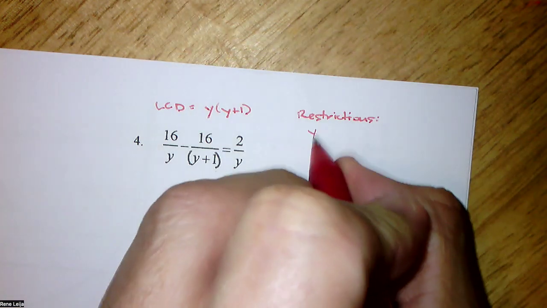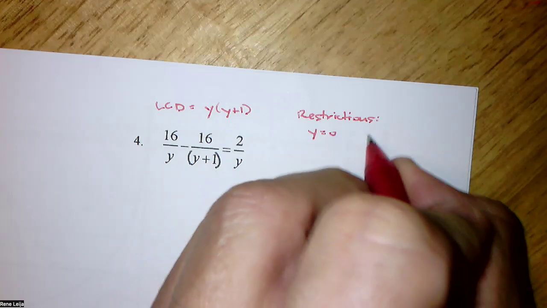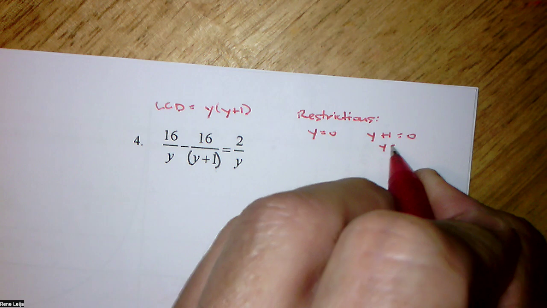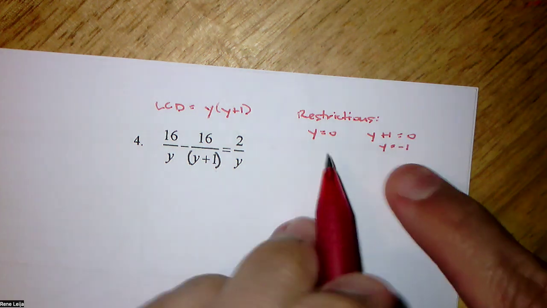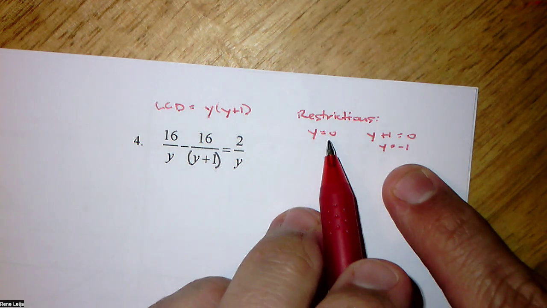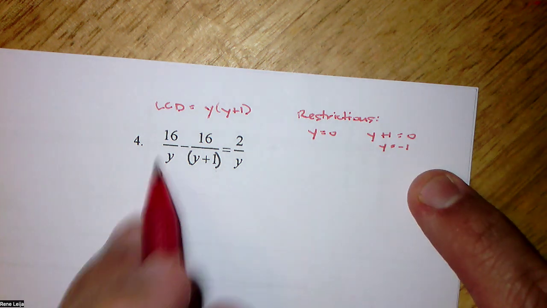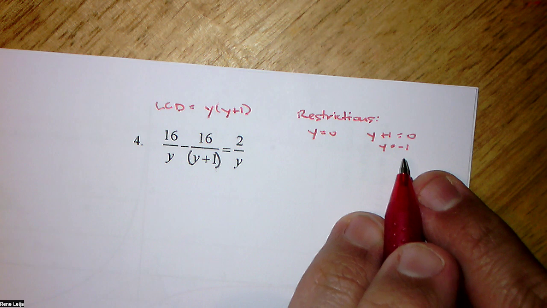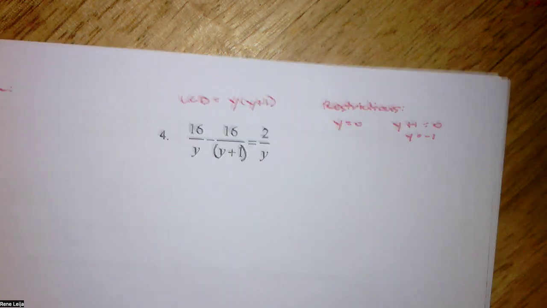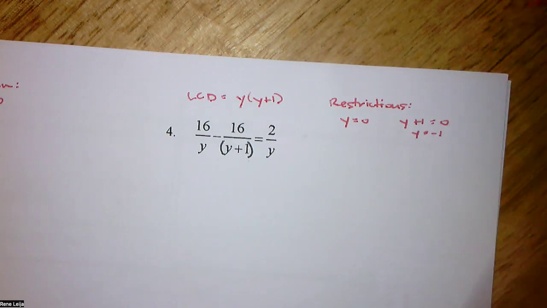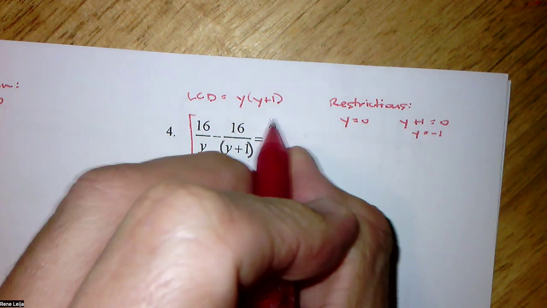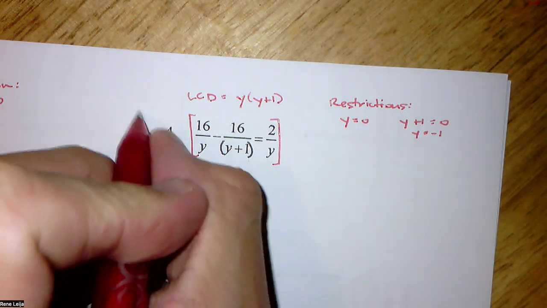So we're going to set y equal to 0, and then y plus 1 equal to 0. And so these are our two restrictions, 0 and negative 1. So when I solve this, if I get a 0 or a negative 1 as my answer, I have to throw it away.